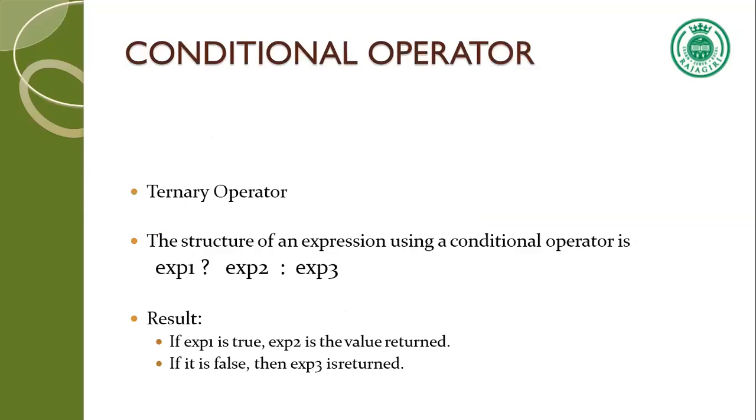Just like we have in C++ and C, we have the conditional operator, or the ternary operator, in Java too. The structure would be expression 1, question mark, expression 2, colon, expression 3. It means if expression 1 is true, do expression 2, or else do expression 3.